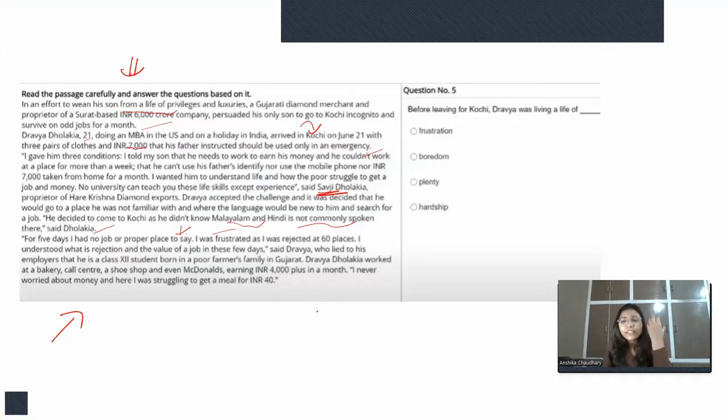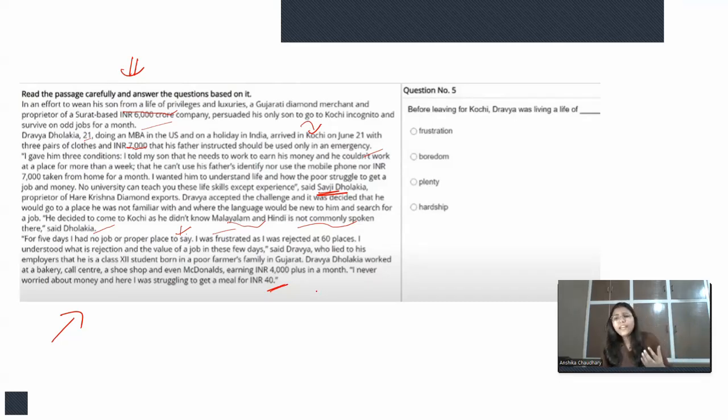So even after working in different places like a bakery, call center, shoe shop, etc., he could only earn 4,000 rupees. I never worried about money, and here I was struggling to get a meal for 40 Indian rupees. So he's telling that there was a time when he never faced any kind of difficulty because he was fulfilled with all the privileges and all the luxuries at his father's home.